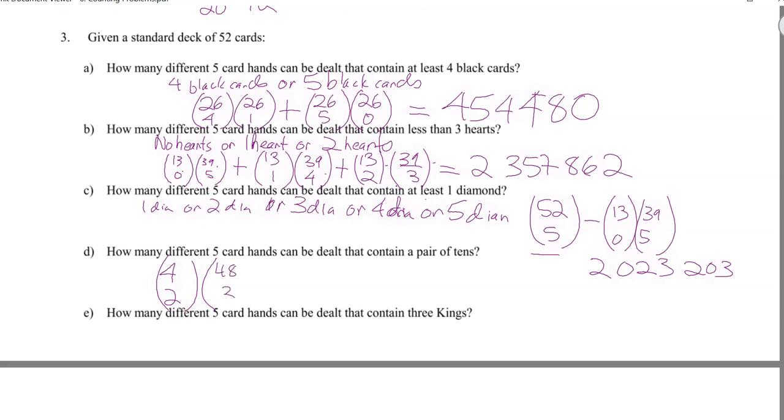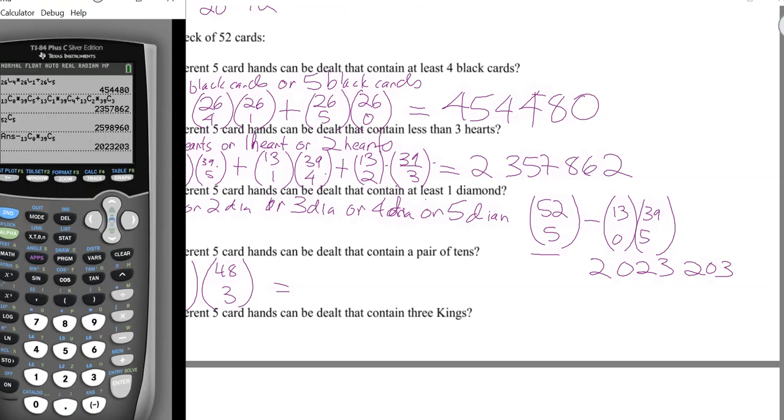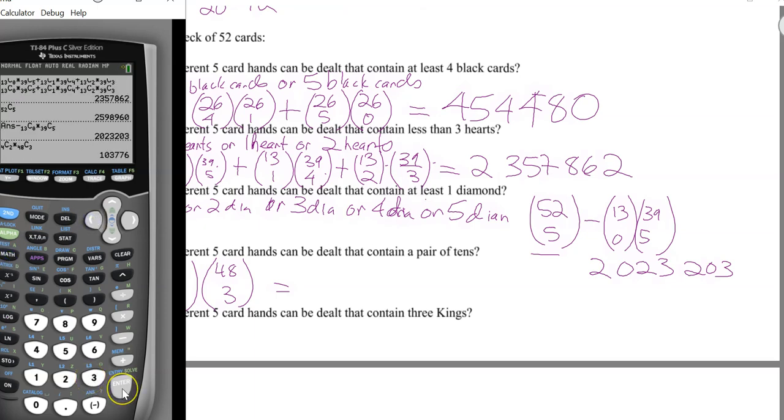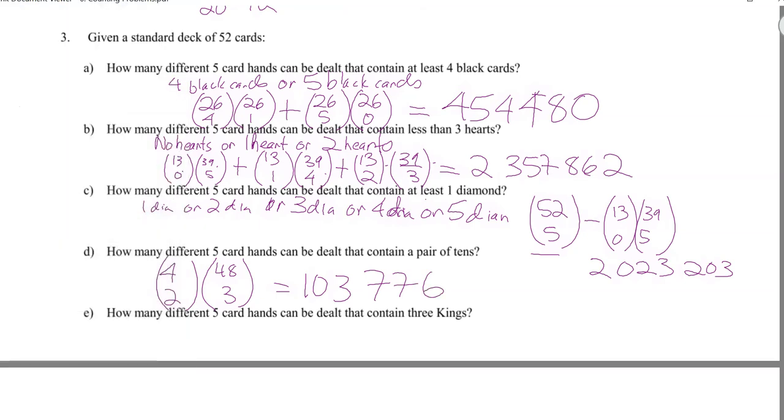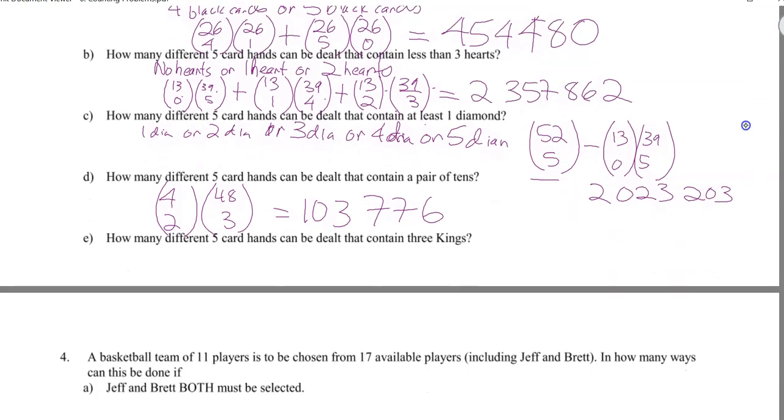So 48 choose 3. And so 4 math choose 2. Okay, remember to kick up off the line, 48 math choose 3. And that's 103,776 of the 52 choose 5, right? 2.5 million.